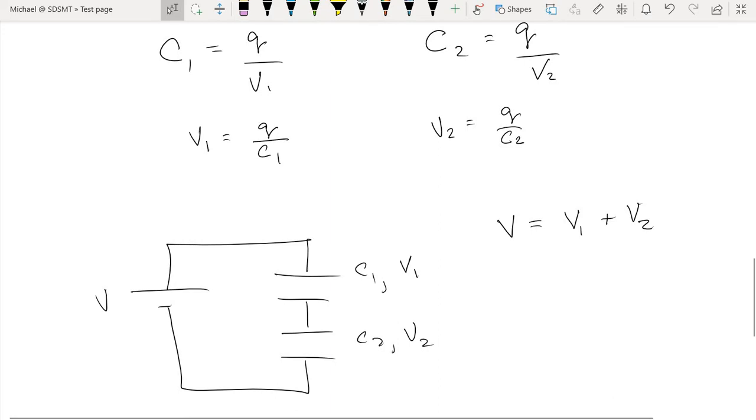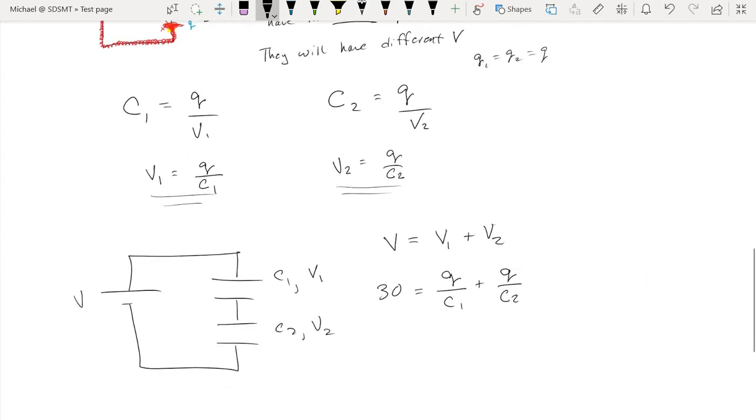Well, we can do something with this. We have these equations here that tell us what the potential for each of those capacitors should be. We have the unknown charge and capacitor 1. We have the unknown charge and capacitor 2 equals the known potential of the battery.